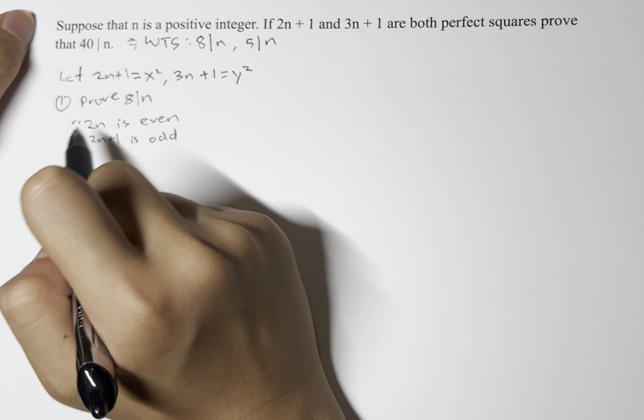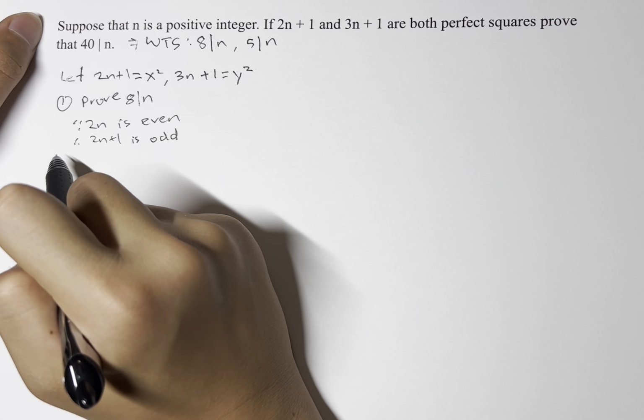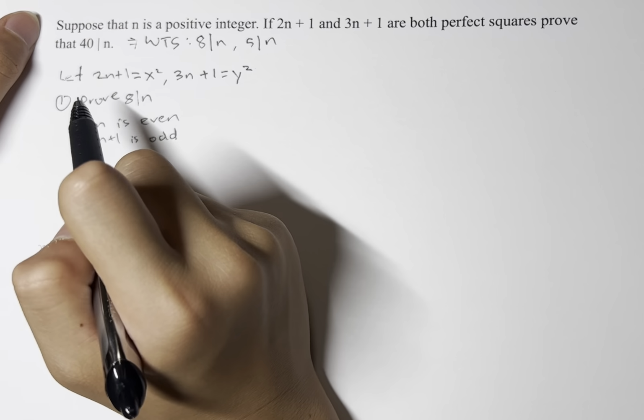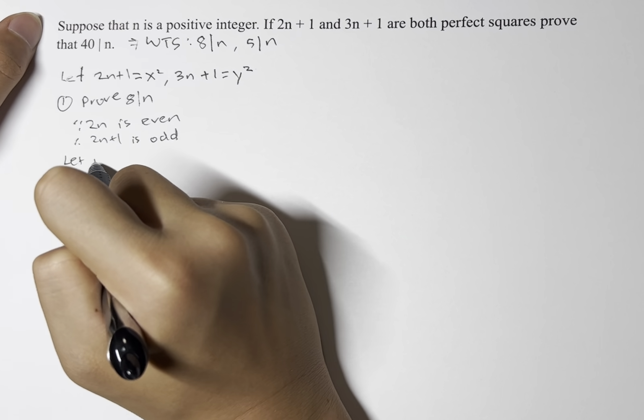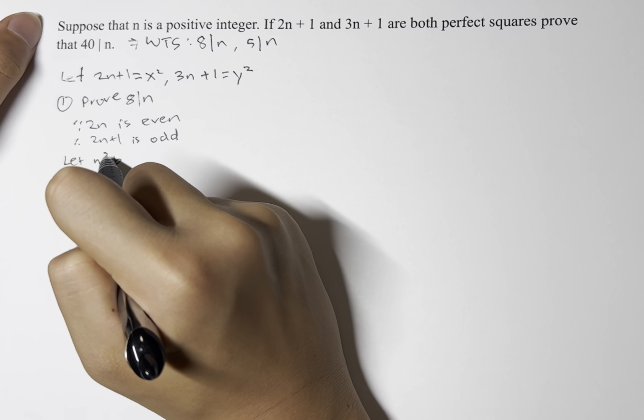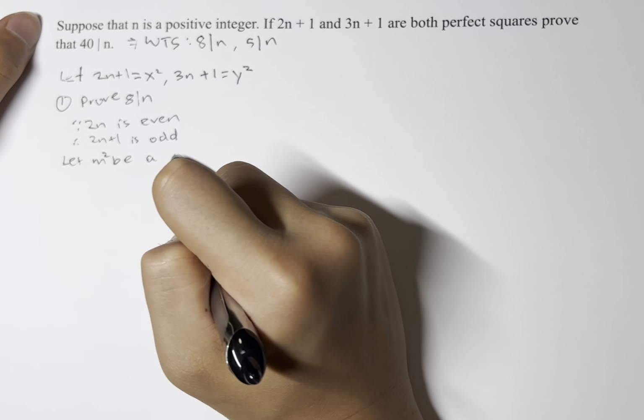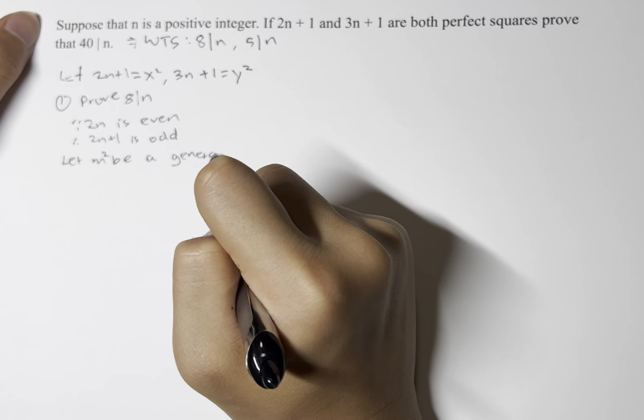And here we can use the property of perfect squares. Let m squared be a general perfect square.